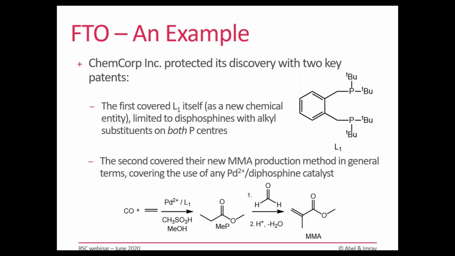And so when you're thinking in terms of getting a patent in exchange for that contribution to the art, then this case didn't end up being so limited. In fact, they were able to get pretty broad protection for this process. It covered the use of palladium with any diphosphine catalyst, and so that's more problematic.